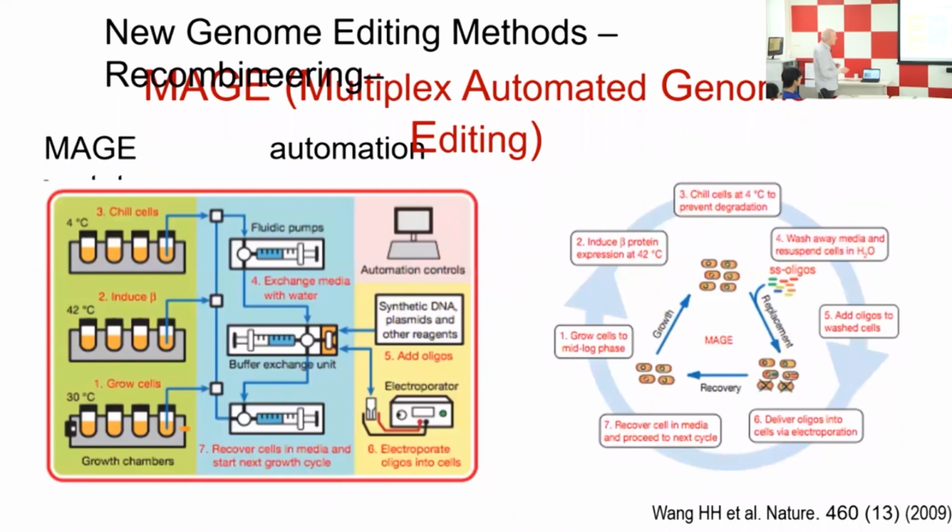So you have the cells, you are in point 1, then you induce expression of the recombinase, then you chill the cells, you wash away, you add the oligos, you deliver the oligos through electroporation, you recover the cells in media, selected media, and then you grow them again, and then you take a look at the phenotype that you're interested in. And if the phenotype has not developed completely, then go over and over again.